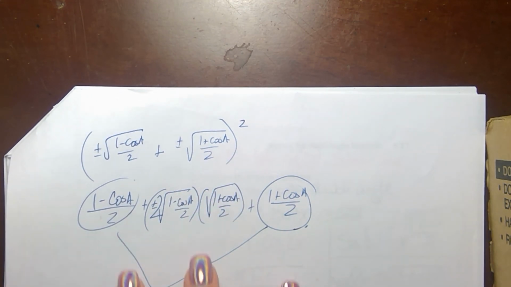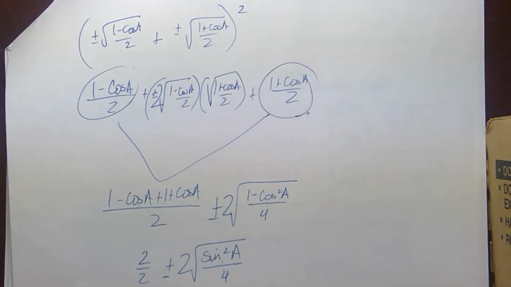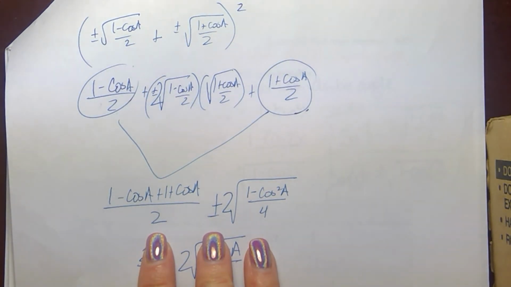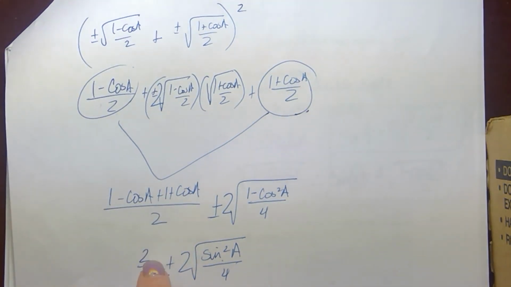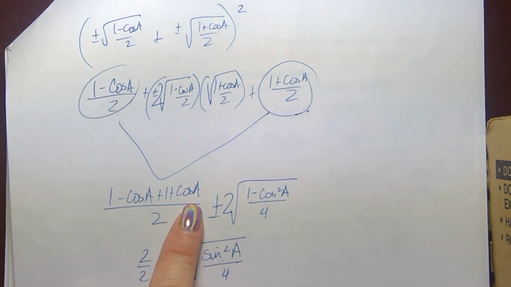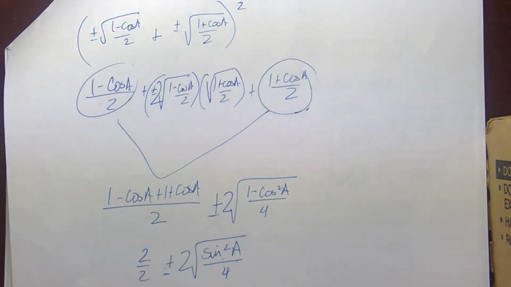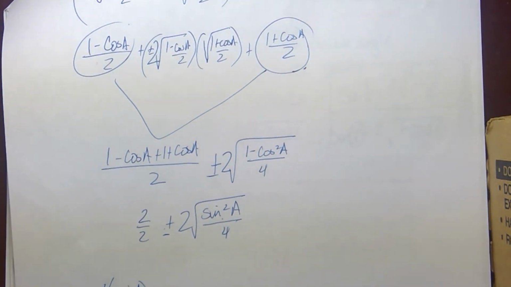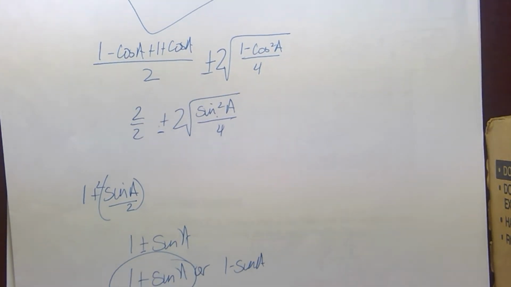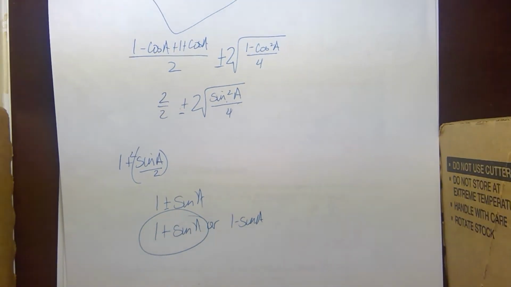And when you square that, this is what you come up with, which simplifies because 1 plus 1 is 2 and negative cosine A, positive cosine A adds to 0. 2 over 2 is just 1, and then square root of 4 is 2. If I take the square root of that, I get sine A. And I have verified that identity a different way.